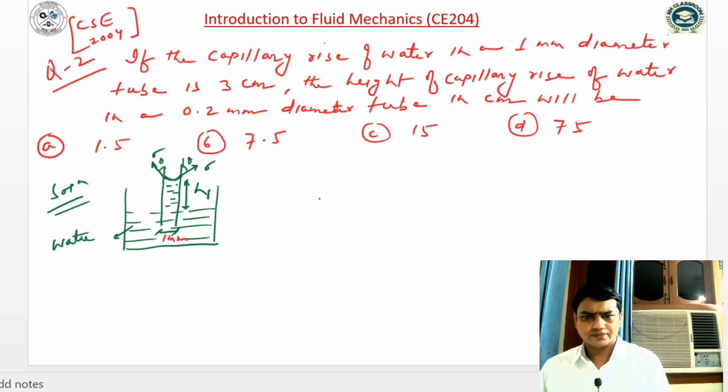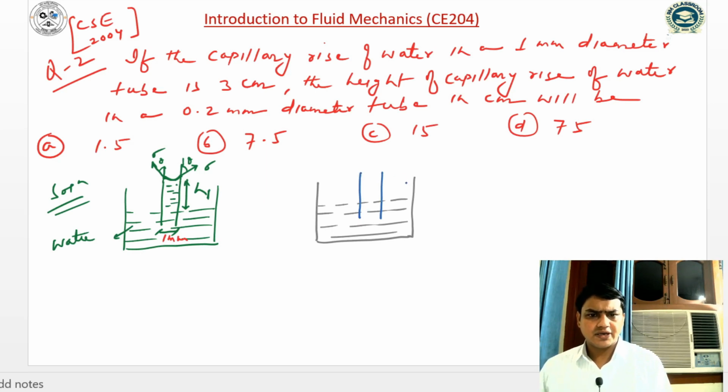Second case: the diameter of the tube is reduced to 0.2 mm. We have to find the capillary rise height.